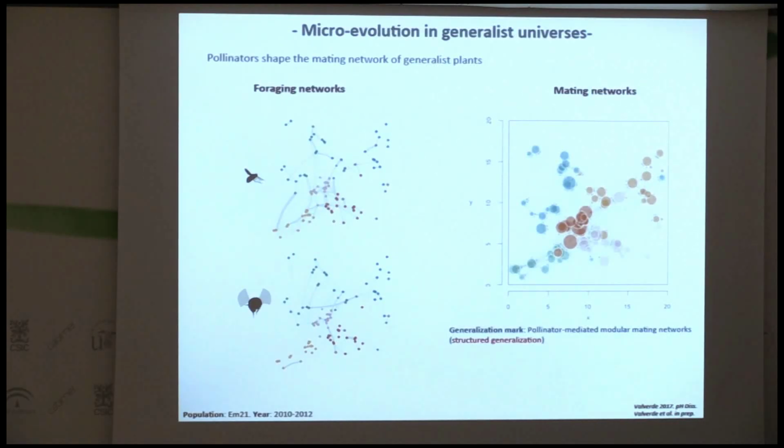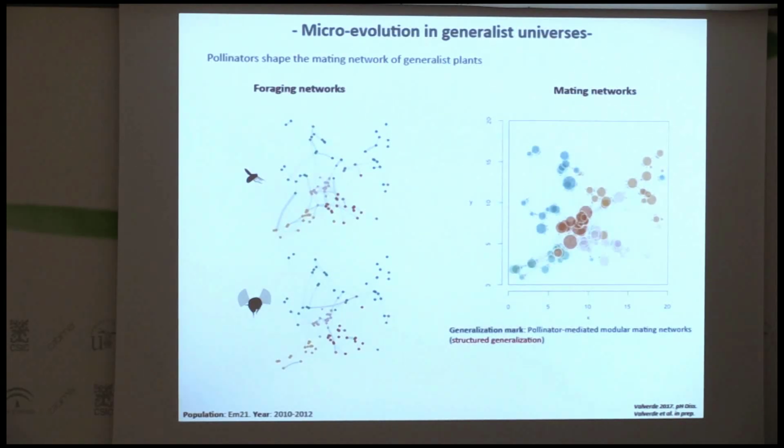If we pile all the movement patterns of the 16 functional groups we have found in this population, what we find is something like this. These are the plants reproducing or intercrossing with the other plants. This is a mating network.